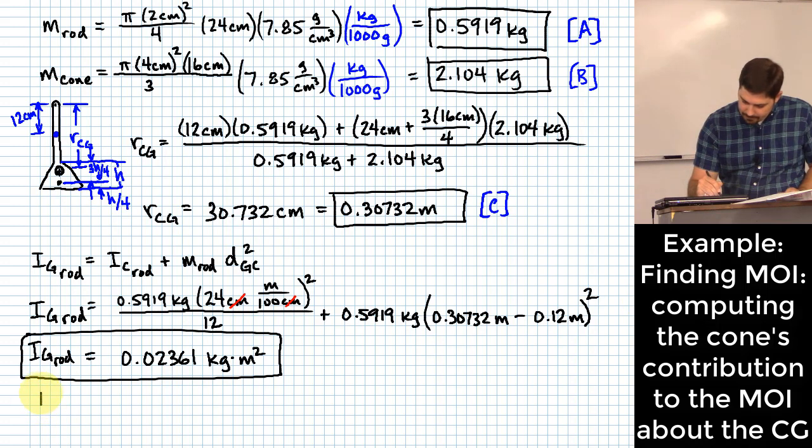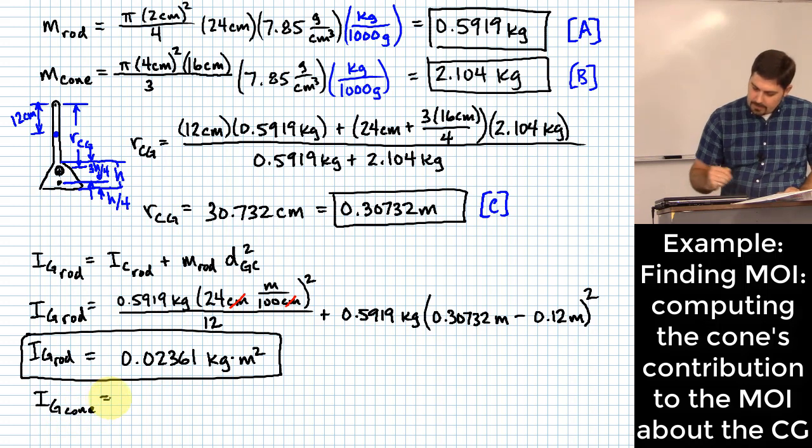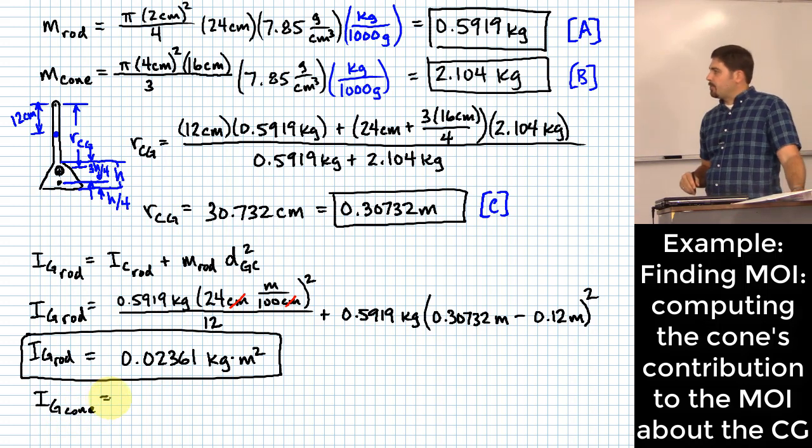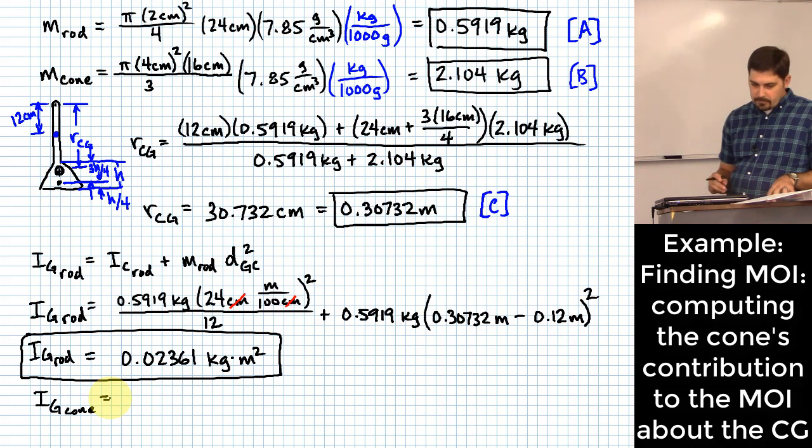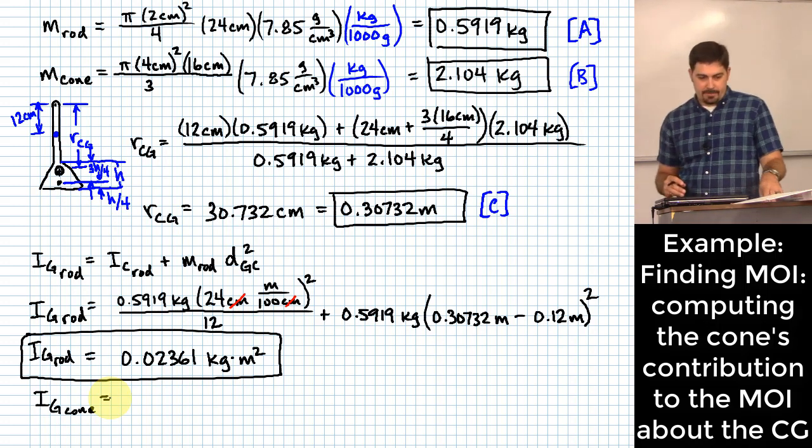So, IG for the cone works basically the same way. We first need to figure out what is the moment of inertia for the cone about its own CG.